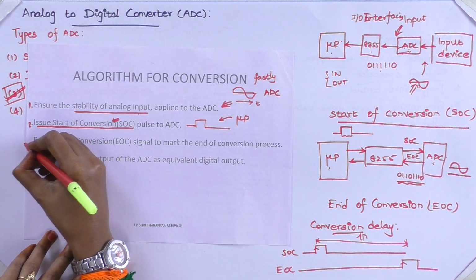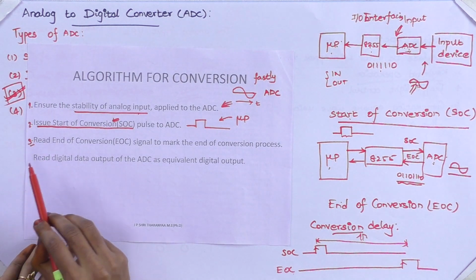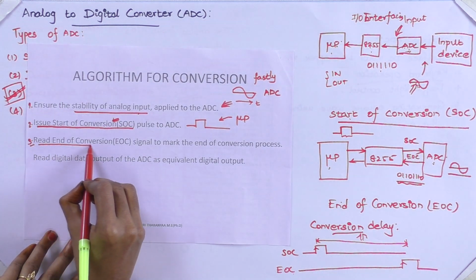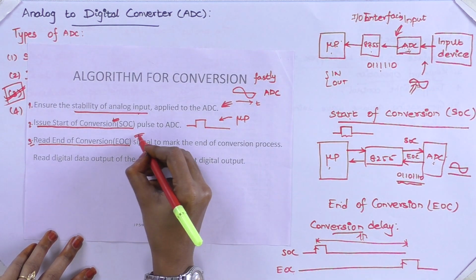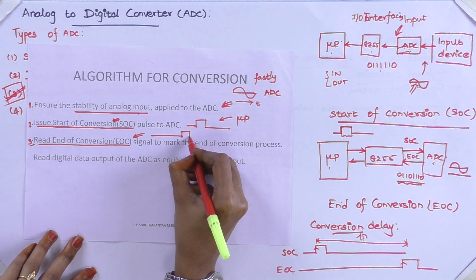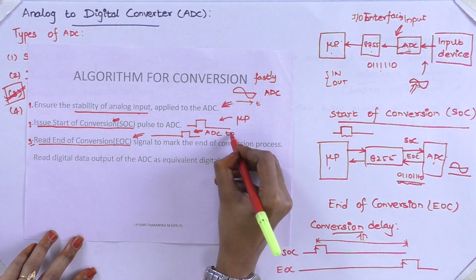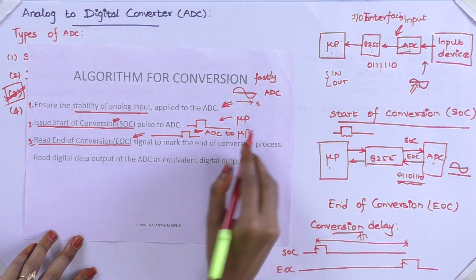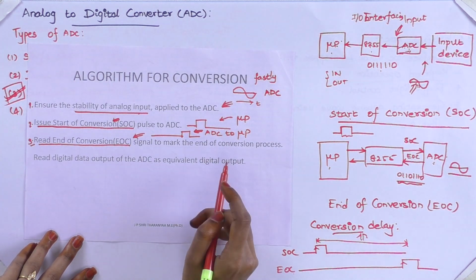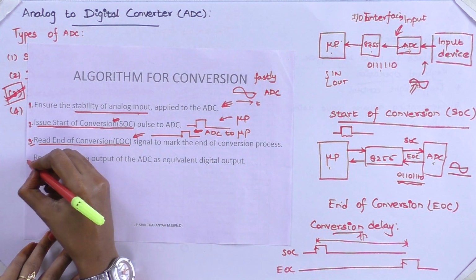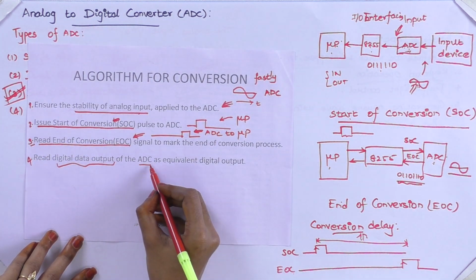The third step is to read the end of conversion. This EOC signal is issued by the analog to digital converter to the microprocessor to indicate that the conversion has ended. The fourth step is to read the digital data from the analog to digital converter.